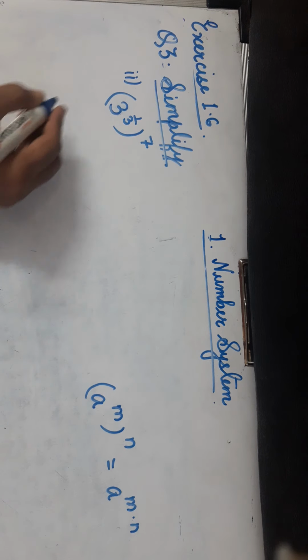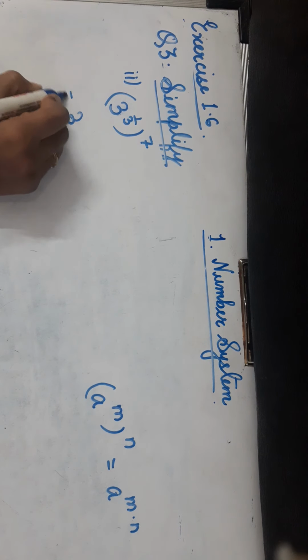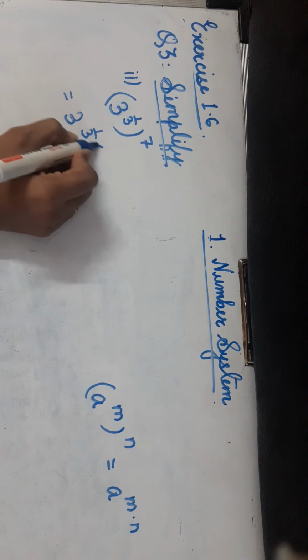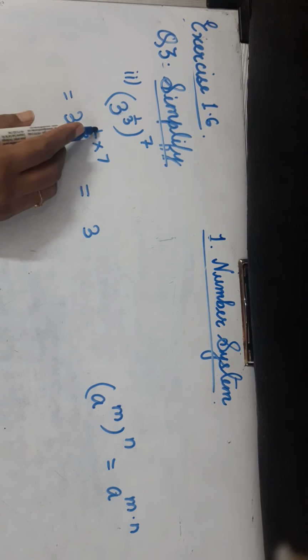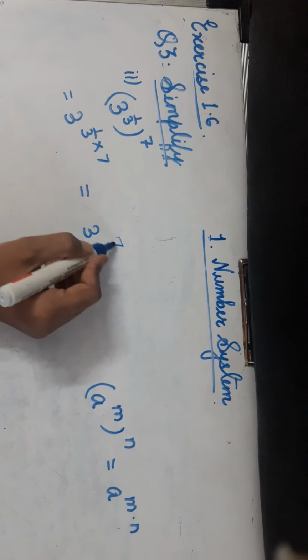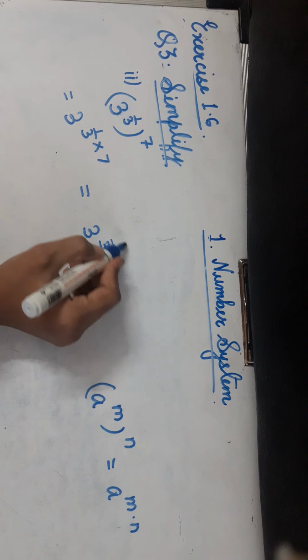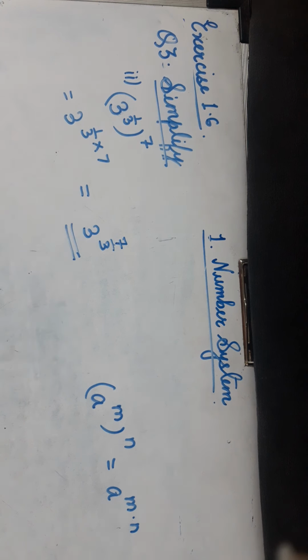Apply the same law over here. 3 raised to 1 by 3 into 7, and this is nothing but 3 raised to 7 by 3, right? 7 by 3. Okay, this is the final answer. Easy? Very easy.